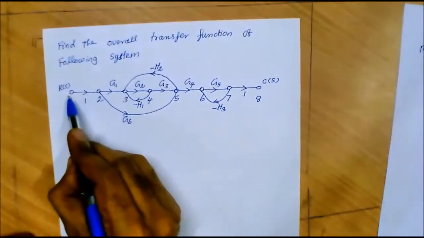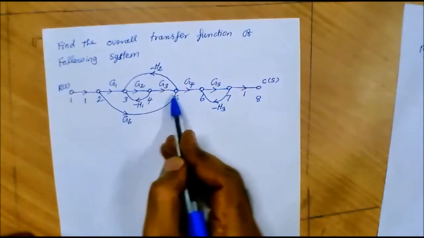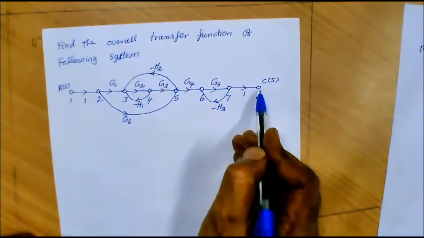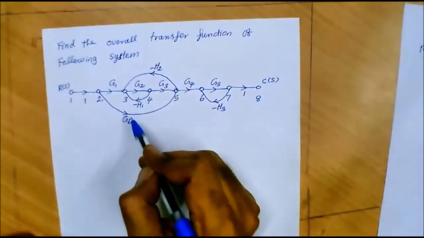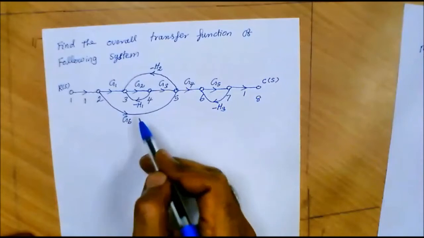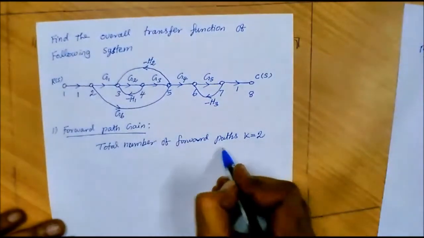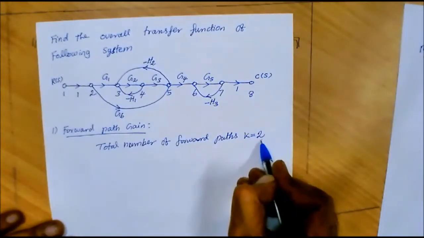Similarly, if we traverse through 1, 2 and then 5, 6, 7 and 8, this forms the second forward path. So in total, in this signal flow graph we have two forward paths, so we can assign K equal to 2.